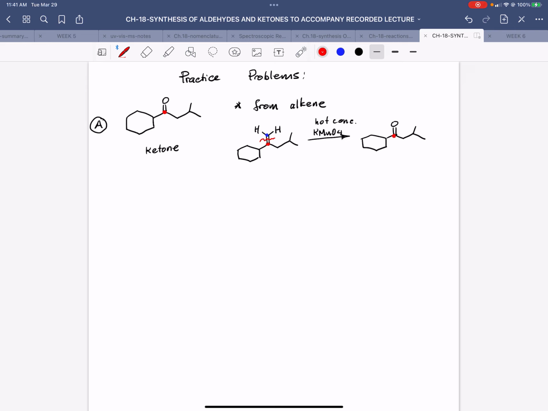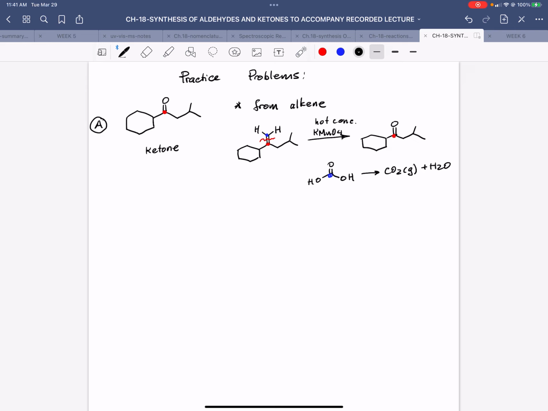And the byproduct under harsh conditions is going to be carbonic acid, which will fall apart, as you know, into carbon dioxide gas and water. So it looks like we're getting clean product after this reaction.